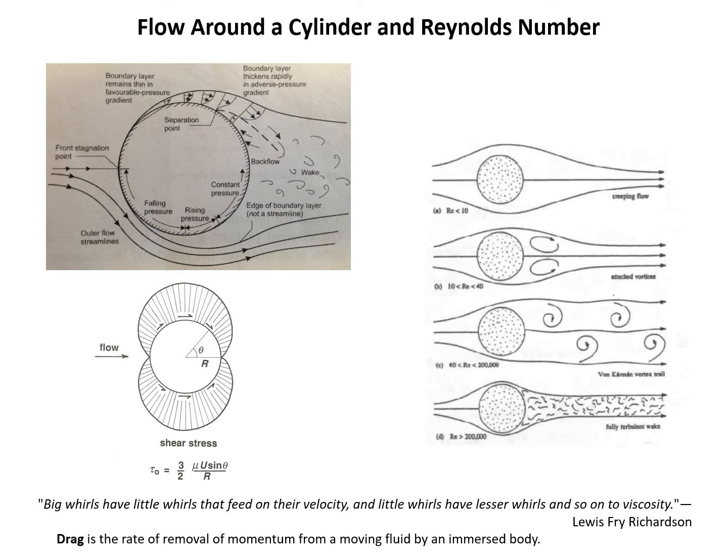Now, the point at which the detachment occurs, if it occurs at all, depends very much on the Reynolds number. So if you have a very, very big sphere, the characteristic length, or cylinder, is the diameter. The Reynolds number will be big.